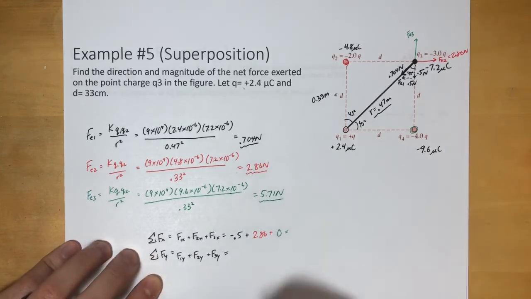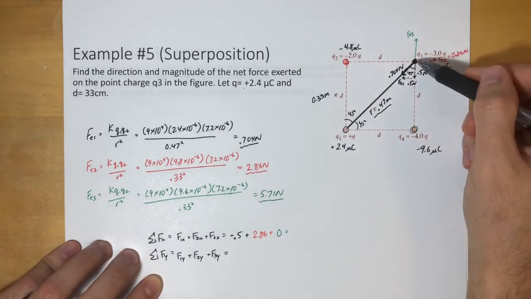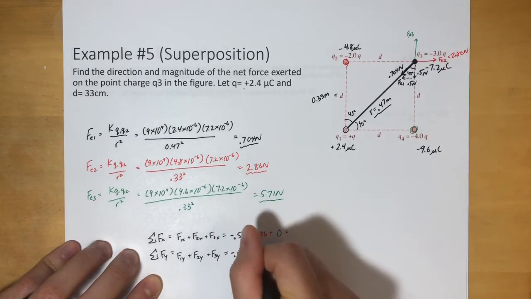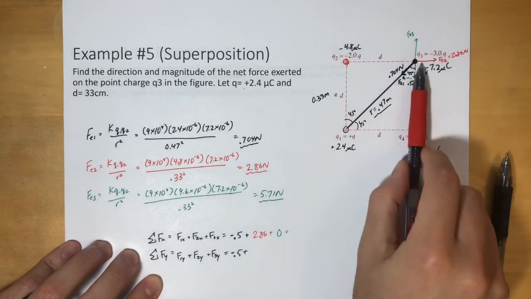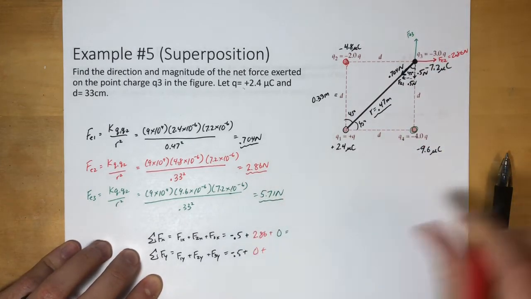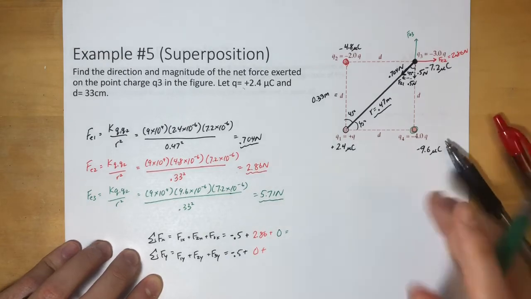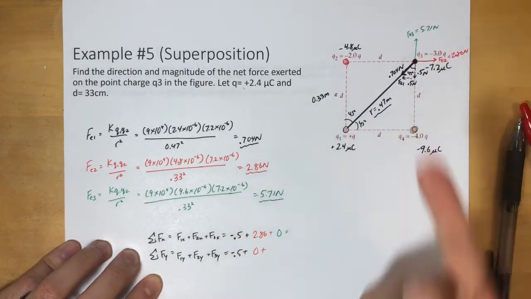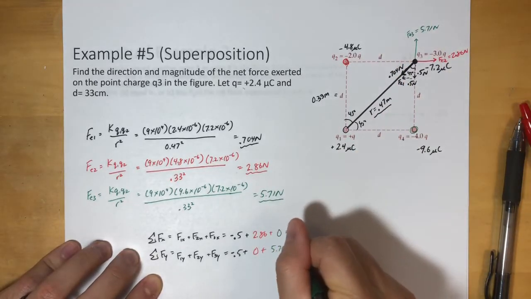Now let's look at F1y. We see that this is going down 0.5, so it's going to be negative 0.5. And for the red, it's not going up or down at all. It's only going horizontal, so this will be 0. And then for the y here, I didn't put that, 5.71. So this one is going up 5.71.